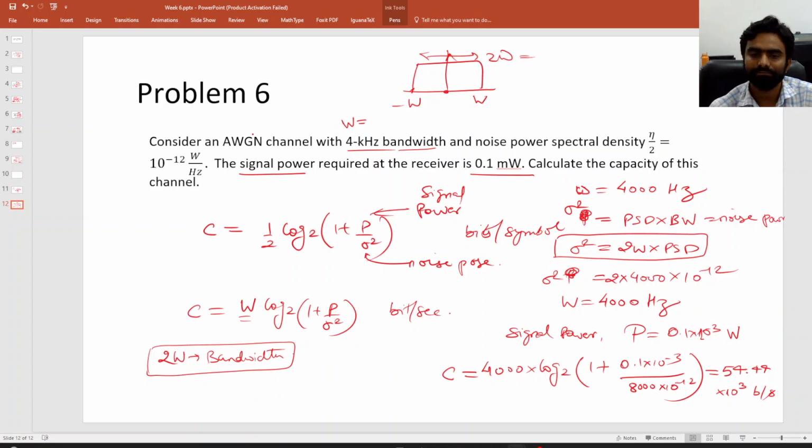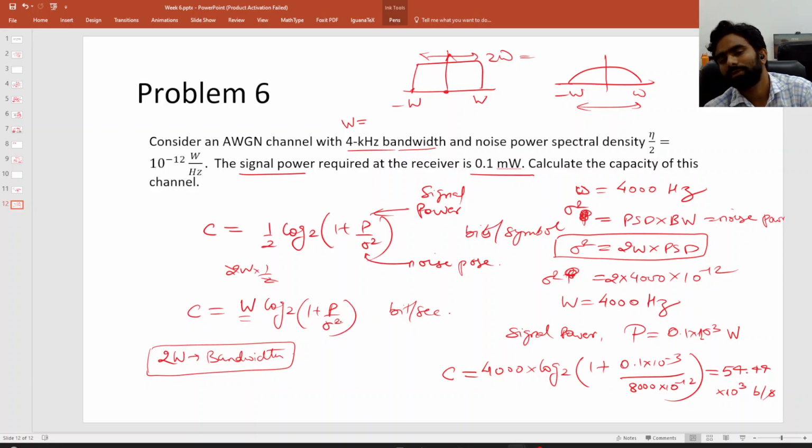Sir has also discussed this in the video lecture, where the band limited signal is like that, minus W and W, and total bandwidth is 2W. So here 2W is replaced and half is there, so it is coming out to be W log 2 1 plus P by sigma square.